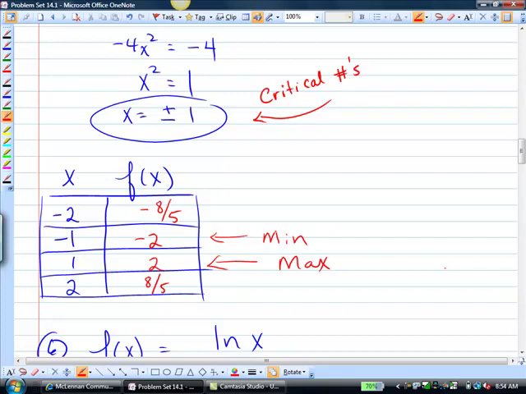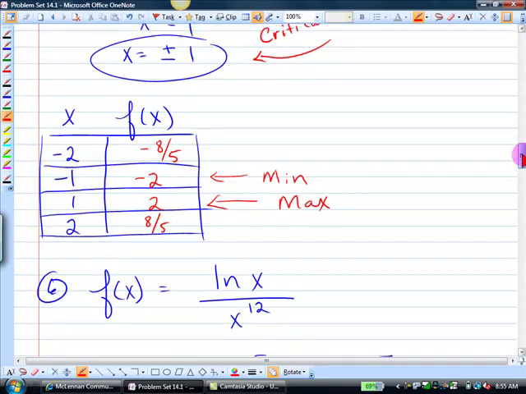Okay? I mean, after you've done a few of these, hopefully the process is down and you can get it. All right? You want to think of 8/5 as 1 3/5, so that's easier to compare to 2 and negative 2. All right, any questions on that one?